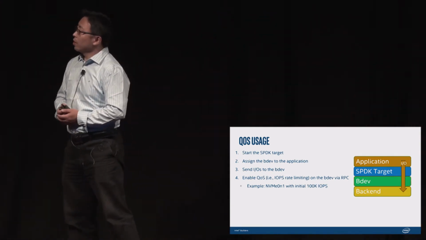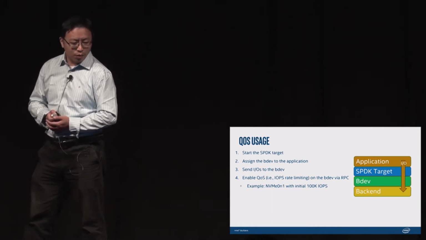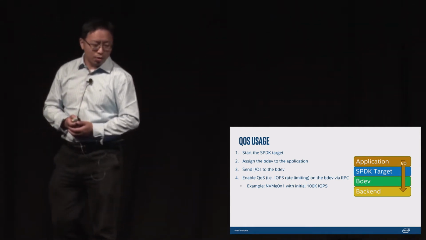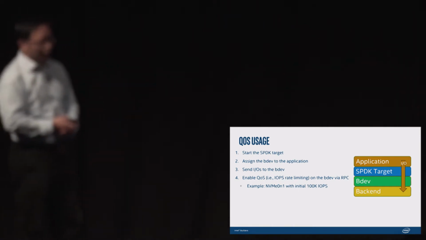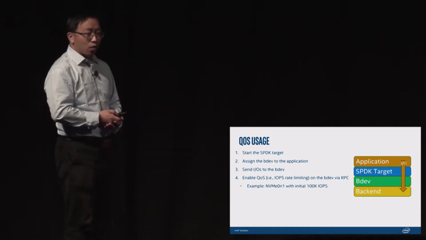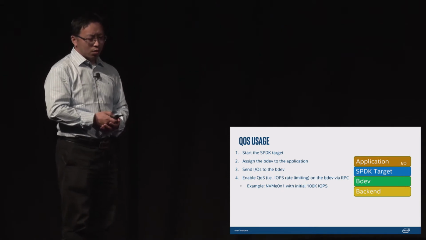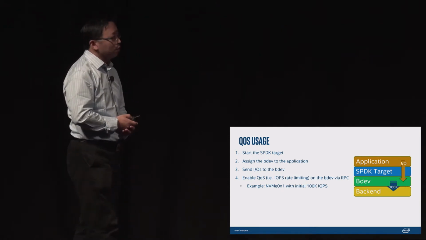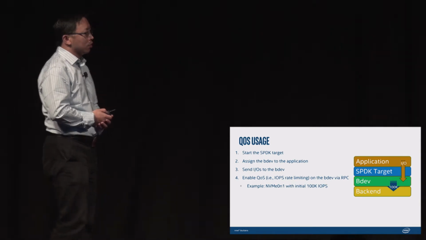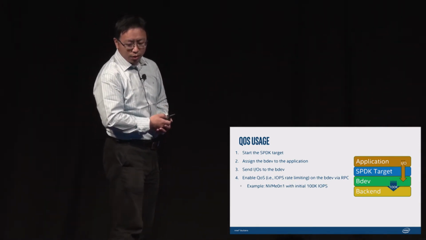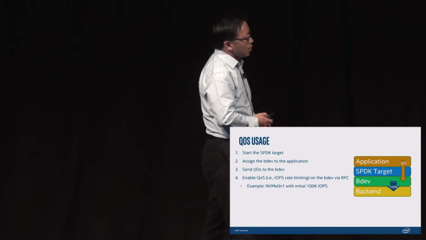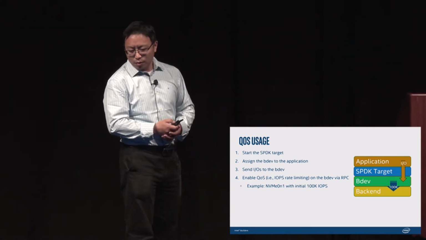And if the application needs IOPS rate limiting on this Bdev, it can enable it through the RPC method. For example, here we can set 100K IOPS. So the IOs will come to the Bdev, and some QoS work will be done, and it will only allow 100K IO per second, as described here.